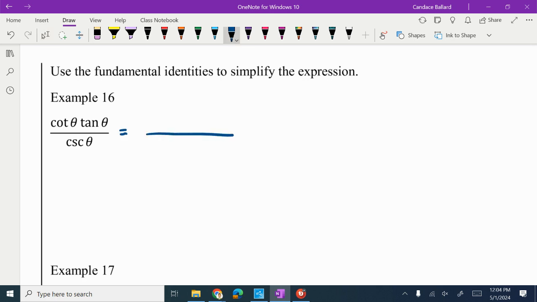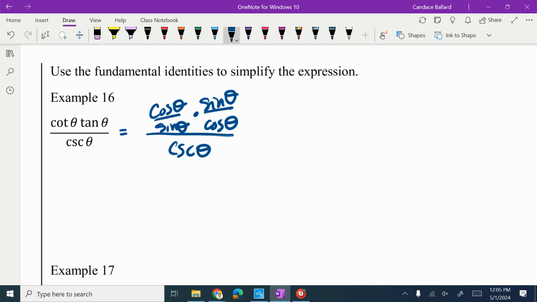What is another name for cotangent? Cosine theta over sine theta. Perfect. What's another name for tangent? Sine theta over cosine theta. And again, for tangent and cotangent, that's the safe move. I'm going to just leave cosecant theta down there for now.